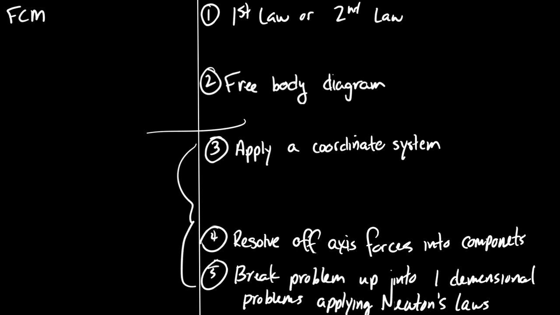So today, although this is going to be a little ridiculous, we're going to start with our first example. The first step is to ask whether you think it's a first law problem or a second. Next step is to apply a coordinate system. The next step says to resolve off-axis forces into components. Then break the problem up into one-dimensional problems applying Newton's laws. And I know it's a ridiculous example, and first period thought it was a yawn fest until the moment we went to example number 2, and all of them did it wrong.